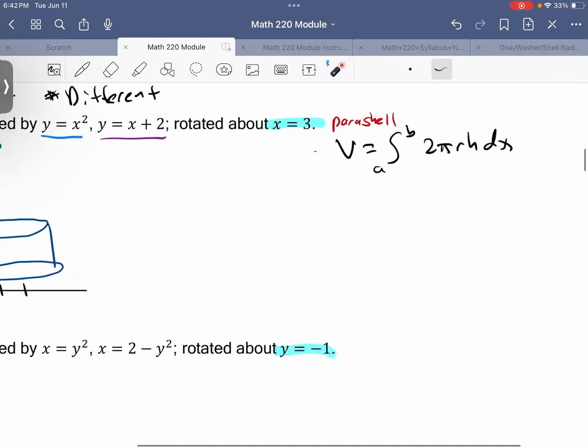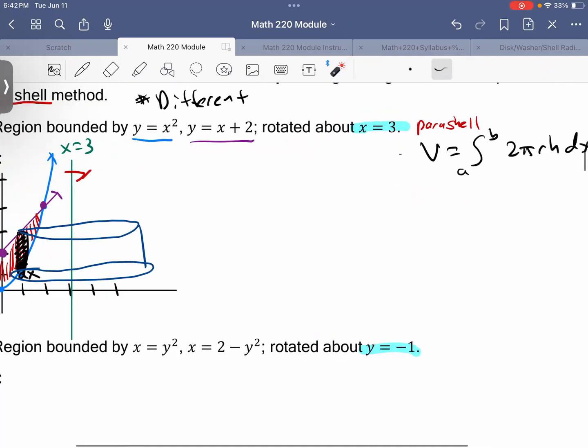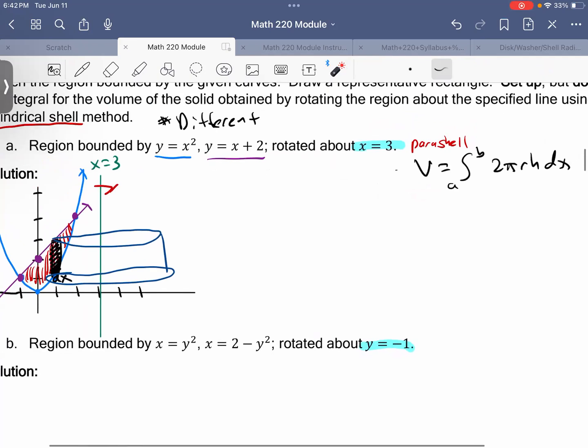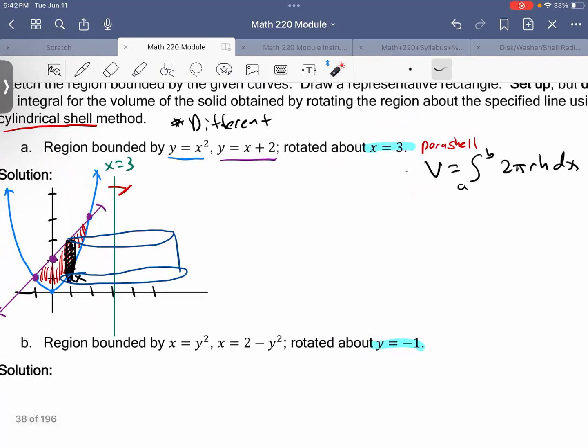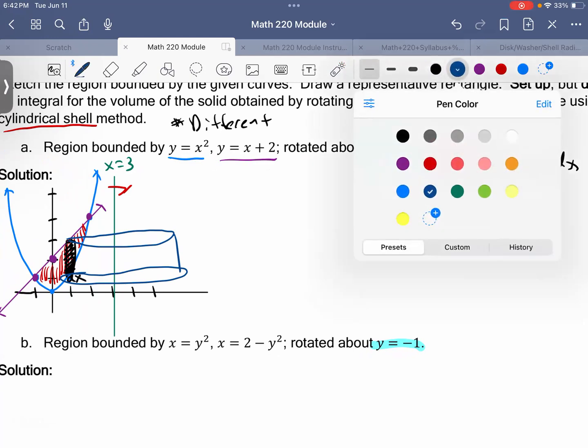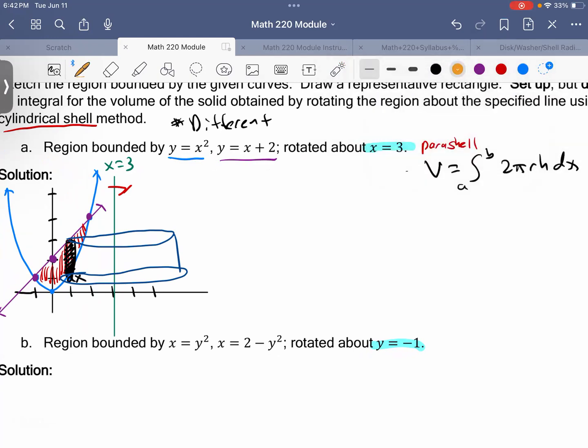We're rotating around x equals 3, so it's a little different this time. So what we have to do here is figure out what the radius will be. So I'll use orange. Here's a radius distance here. That's our radius, right? And what is that distance?